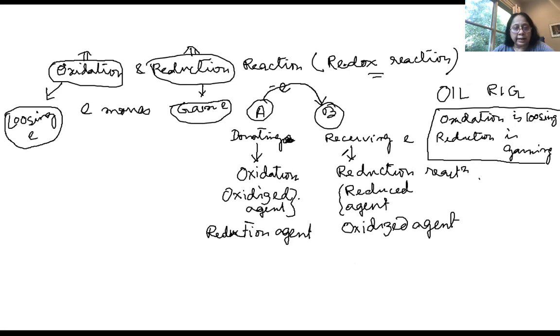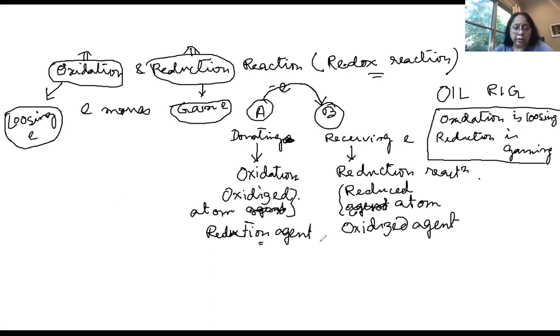As long as you can understand what is oxidation and reduction, and how one atom becomes oxidized and how one atom is reduced, and why one oxidized atom is also called reduction agent, and why one reduced atom is actually going to be an oxidized agent. I hope now you are clear about that.